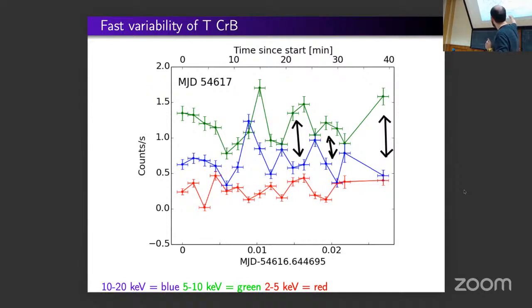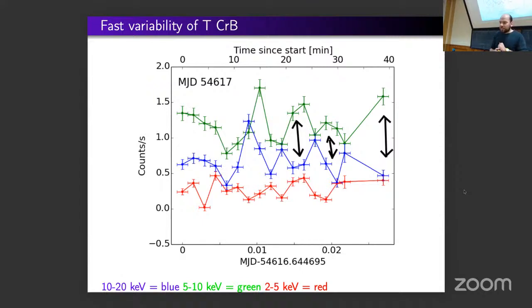When we see a decrease in brightness, we see an increase in brightness in the green, the middle range. So this for me looked like Compton scattering, but I have not been able to prove that for many years. And I wanted to, and it's one of the unsolved mysteries in T Corona Borealis, why we see this fast variability.